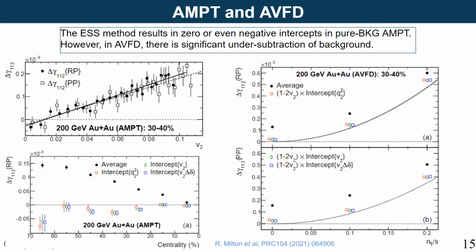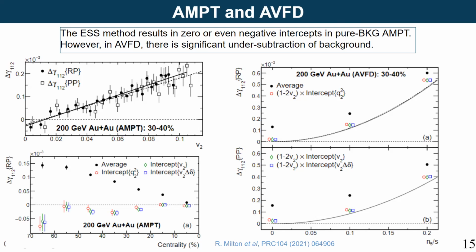Then we look at the AVFD, which is a more realistic model because it not only builds in CME coherently, it's based on hydrodynamics, so momentum and the energy are conserved. And also this specifically tunes local charge conservation to match data. So this is up to now the best model we can use.